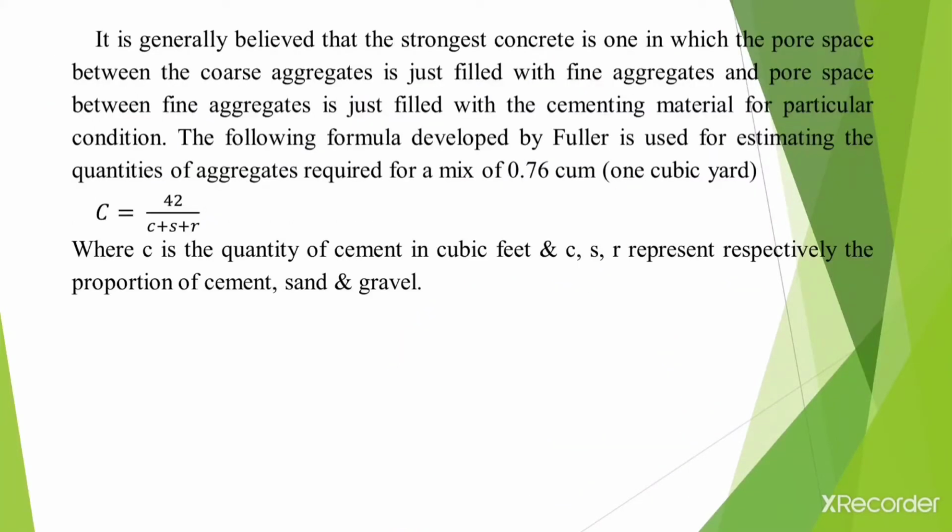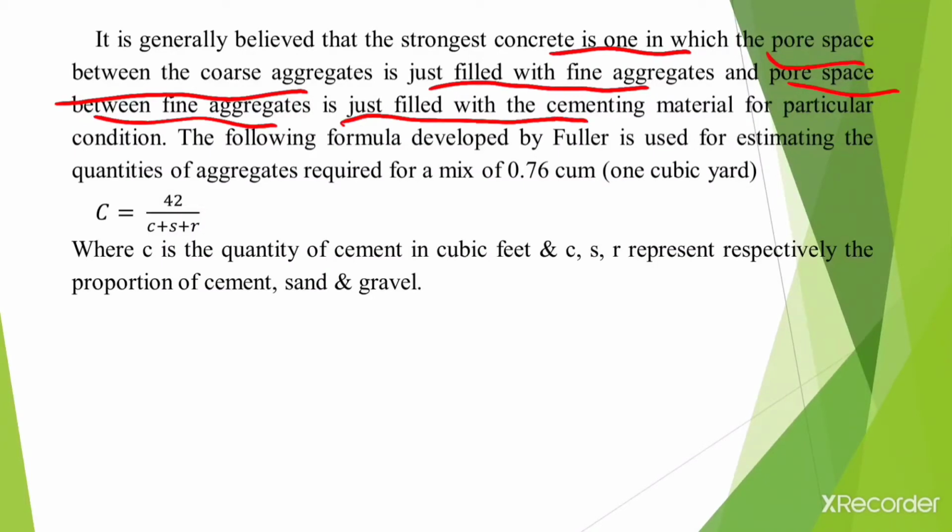It is generally believed that the strongest concrete is one in which the pore space between the coarse aggregates is just filled with the fine aggregates, and pore space between the fine aggregates is just filled with cementing material for a particular condition.